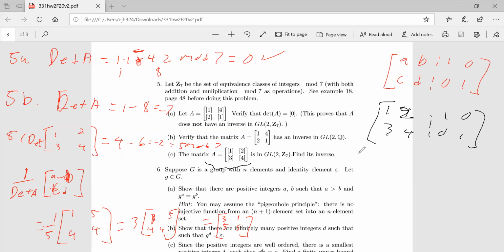I'm going to do R2 equals R2 minus 3R1, because I want to make this equal to 0. So that gives me 1, 2, and this becomes 0 by design, and then I get 4 minus 6, that's -2, which is 5, right?